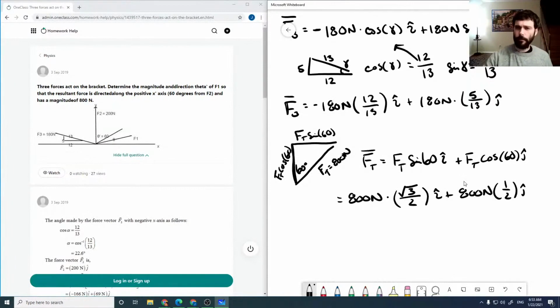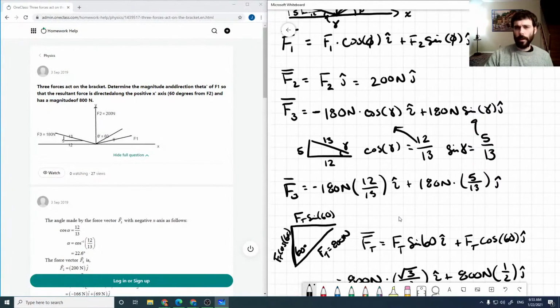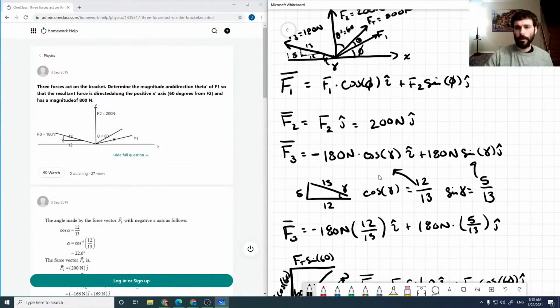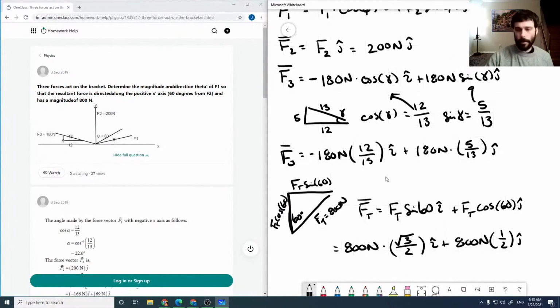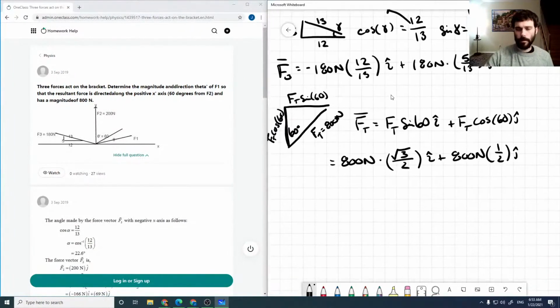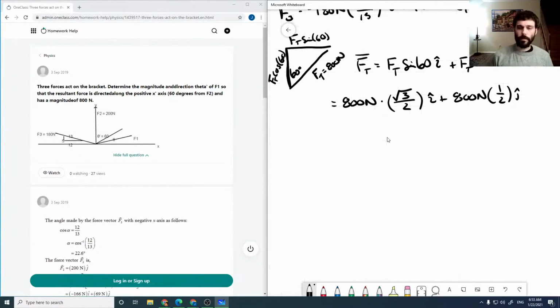Okay, so now we have each of our vector quantities. I didn't do F1. We'll just have to solve for its components. And the best way here is to look at the directions separately. So in our x hat, well, first I guess I should start by saying that remember our F total is just the sum of our forces.